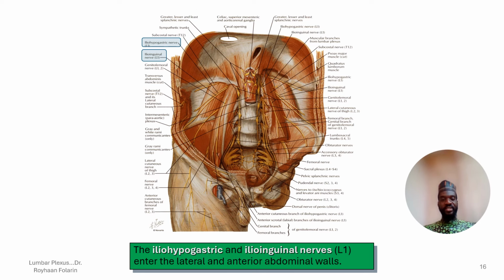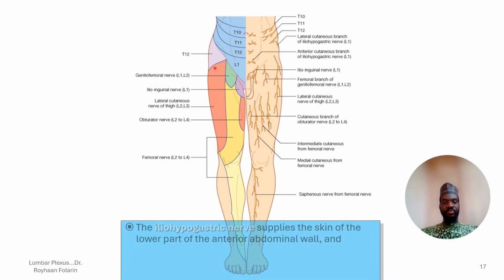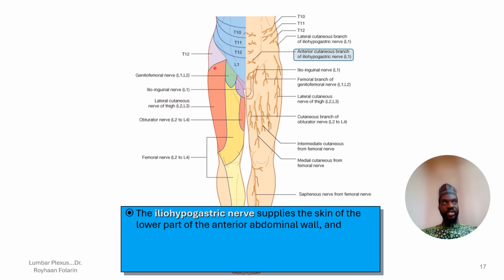They go ahead to enter the lateral and anterior abdominal walls, and eventually the iliohypogastric nerve supplies the skin of the lower part of the anterior abdominal wall, that region known as the hypogastrum, and that's why it has that name, iliohypogastric nerve. So this is the region known as the hypogastrum, and here is the anterior cutaneous branch of the iliohypogastric nerve.